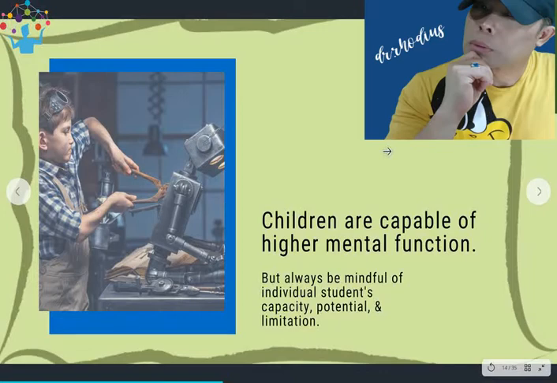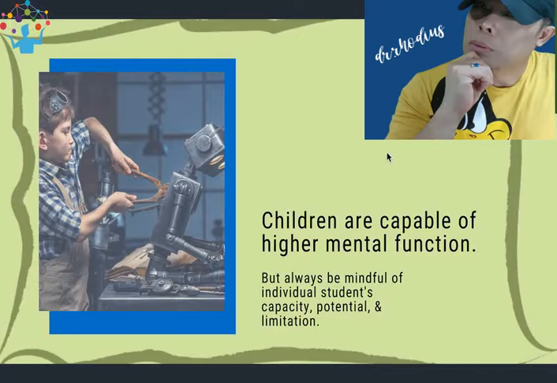The next one is children are capable of higher mental function. So children are capable of going from simple undertakings to a more complex capability of doing a specific task. But we always have to be mindful of individual students' capacity, potential, and limitation.